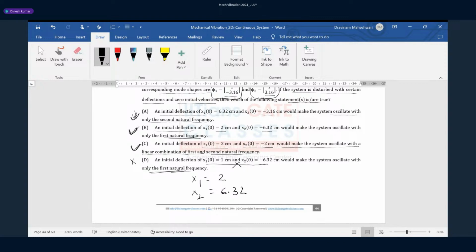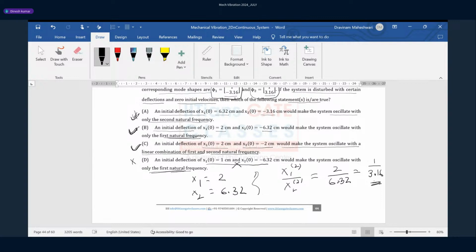Because if that is the case, then your system will vibrate in second mode. How? It will be like x1 for second mode upon x2 for second mode. If you find from here, what will it be? 2 upon 6.32. So what do you get? You get 1 upon 3.16. Clear?